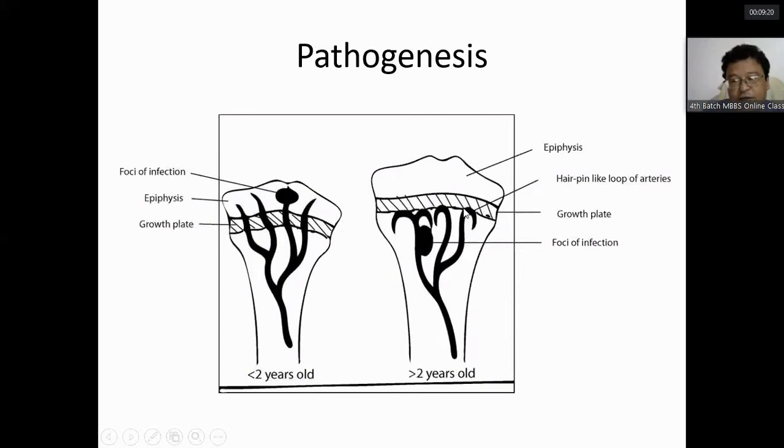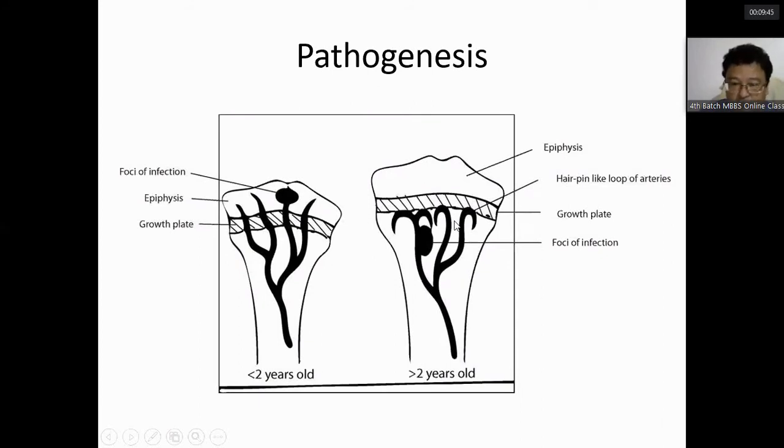If there is blood stasis, there's more chance for organisms to colonize in this area. Also, the oxygen tension in this hairpin loop area is less, so the bacteria can colonize there more. So the infection starts from this metaphyseal area.